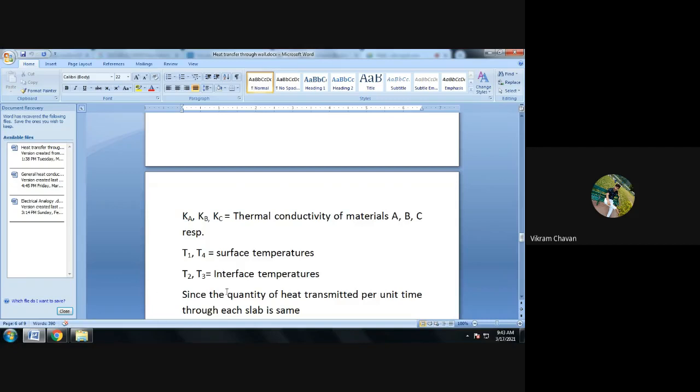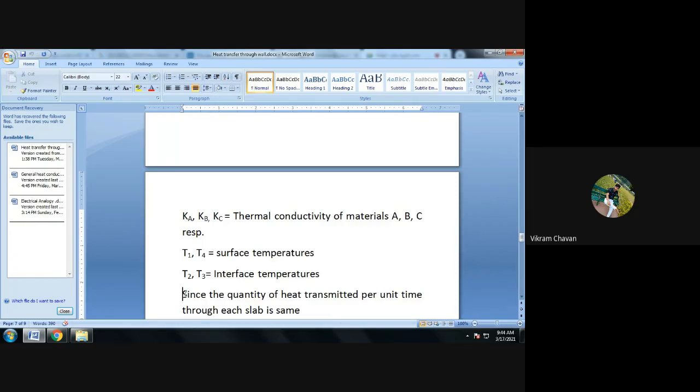Now further, as we have discussed, since the quantity of heat transfer per unit time through each slab is the same, the heat transfer through slab A is equal to the heat transfer through slab B, and is equal to the heat transfer through slab C, which is equal to the total heat transfer. What it means is that the quantity of heat transmitted per unit time through each slab is the same.